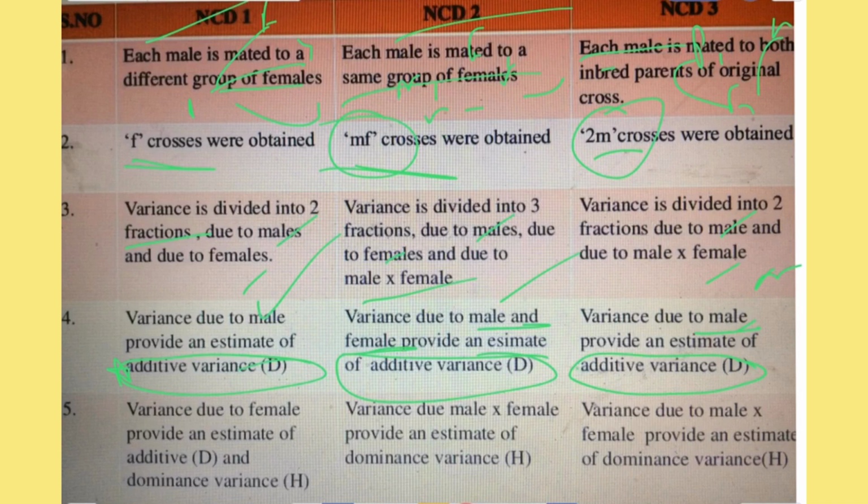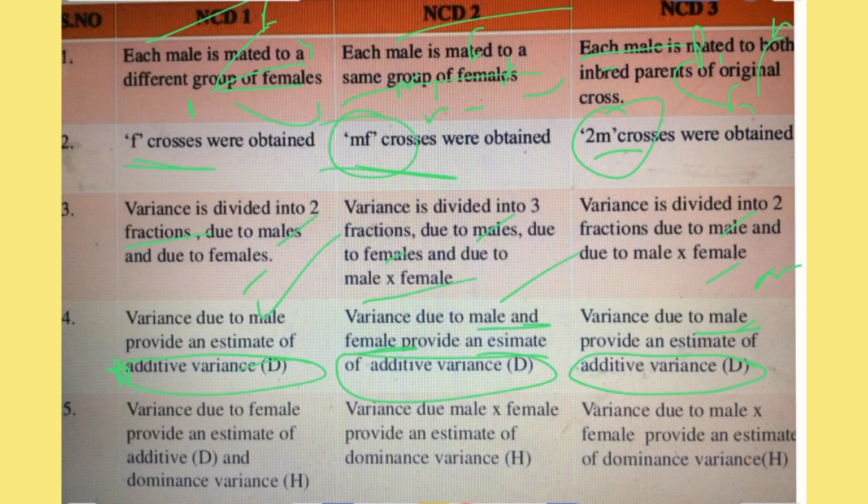Actually this is a very important concept, and these are very important points which are asked in several exams, IARI, PhD, ICAR NET exams. Additive variance is governed by which fraction, either due to male or female. So these are quite complicated points you have to learn.